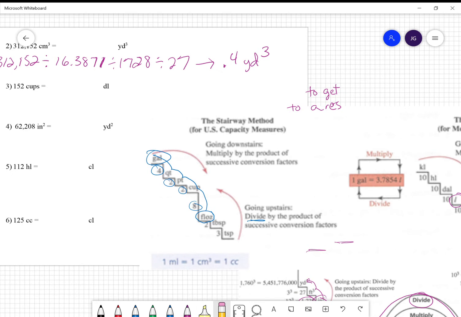So let me erase some of this stuff. Okay, so cups to deciliters. The only conversion I have from metric to US or US to metric is the gallon to liter. So I need to get my cups to gallons.